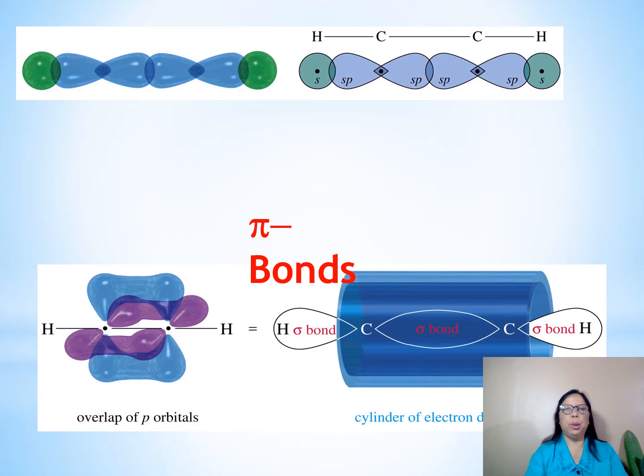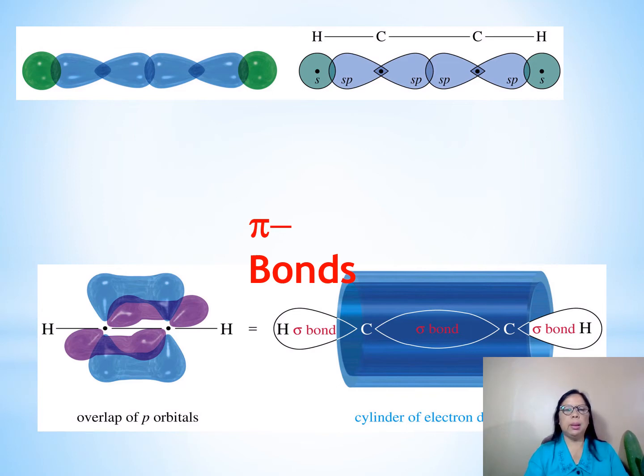If you can remember your single bond, you have one pi structure, the one standing up, to represent the second bond. Here you have the third bond.